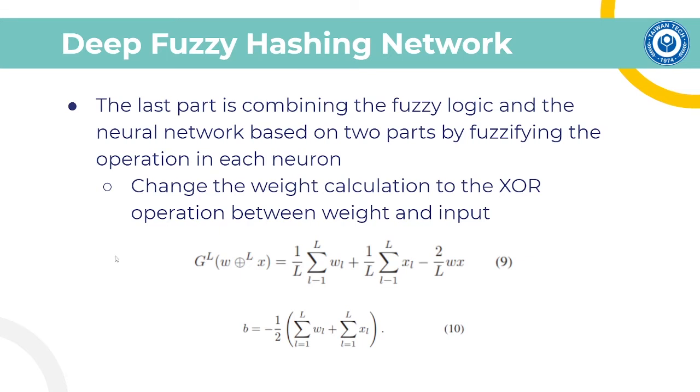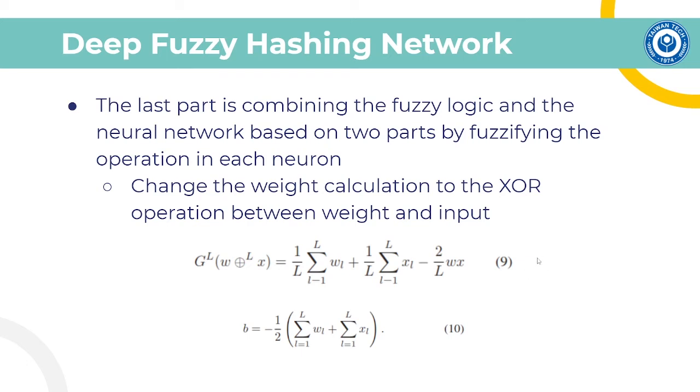In the normal neuron, the inference calculation is multiplying the weight by the x and then adding the bias. But in this proposed method, they perform the sort operation between the weight and the input and then add the bias. So we just change the x and y in the previous equation with the weight and the input.